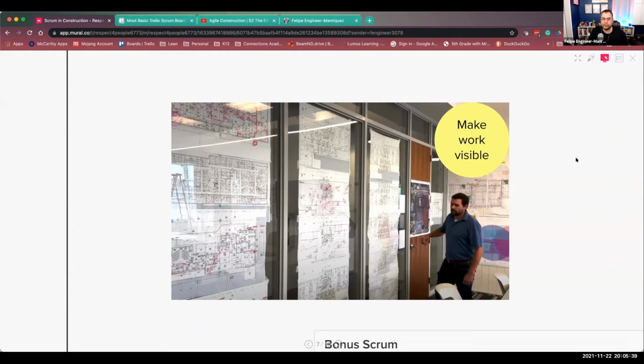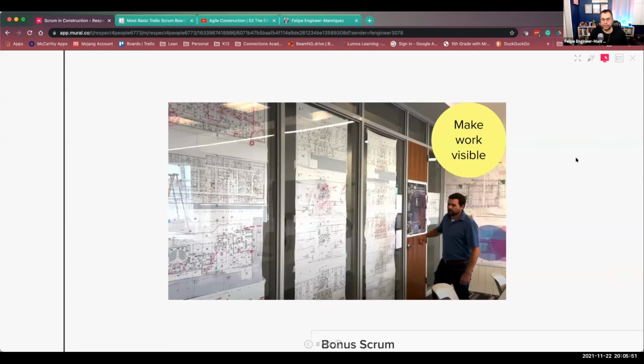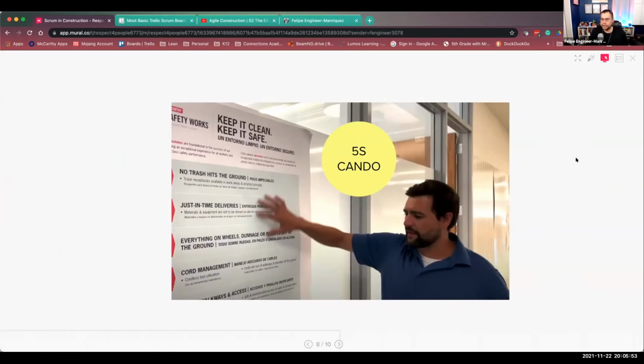They've just taken their drawings and put them on the backsides of glass in their big room where they have their owner architect meetings and planning meetings, and they mark them up so that they can communicate with high reliability and problem solving. We're also using a Keep It Clean, Keep It Safe program, 5S, borrowed from Henry Ford's system when he was creating the flow production system.